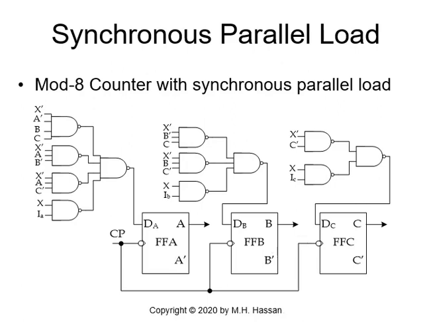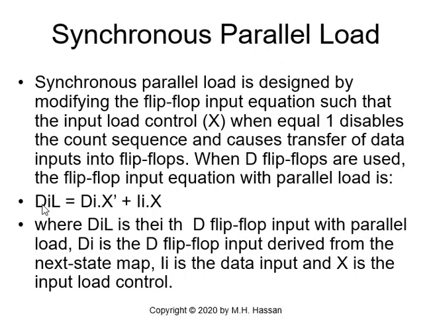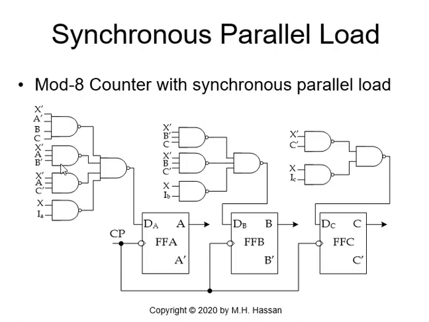By using this simple logic, any DI, regardless of what DI is, you will AND it with X prime. So every product term in DI will be ANDed with X prime, and this is what we see here. Those product terms end with X prime.